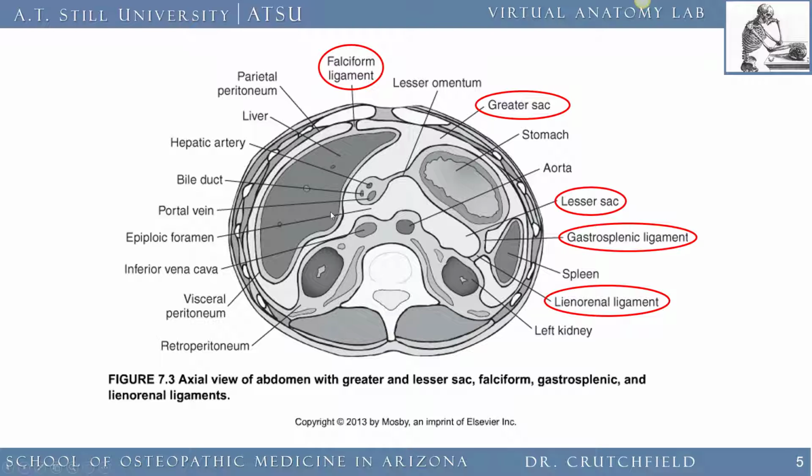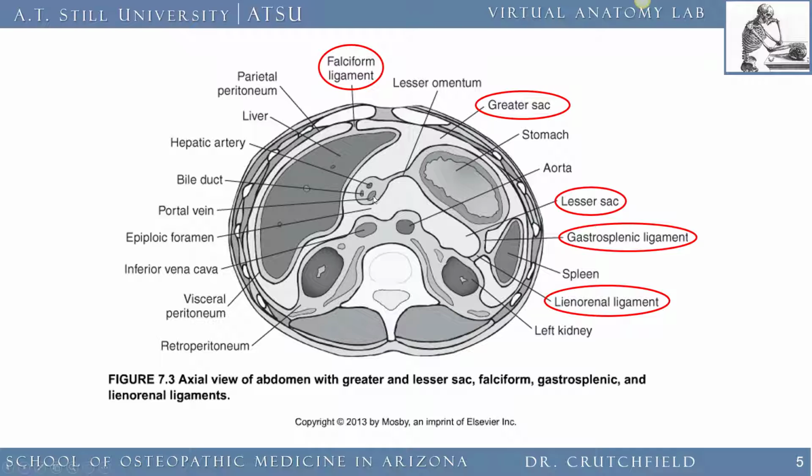When we talk about inserting a finger into the lesser sac, this epiploic foramen, also known as the foramen of Winslow, allows us to put a finger here and pinch off the gastroduodenal ligament, which contains most of the blood vessels going into the liver.